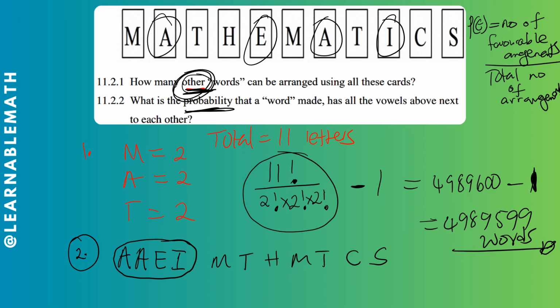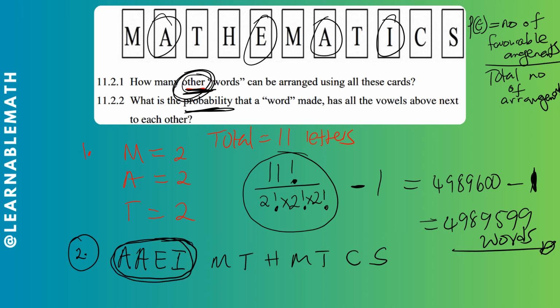We just said the number of favorable arrangements, the desired arrangement, that is all the vowels must be together. We're going to count that number of favorable arrangements divided by the total number of arrangements. So let us now count the number of favorable arrangements, that is all the vowels must be together.